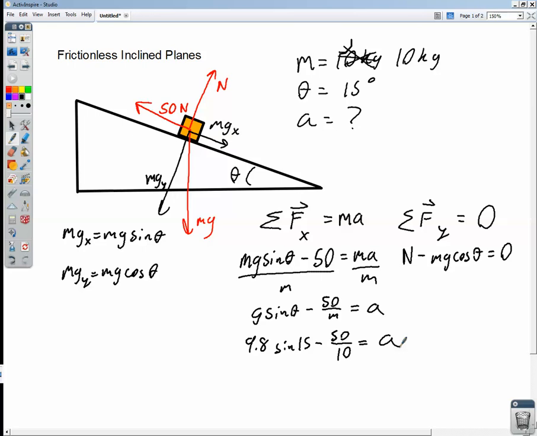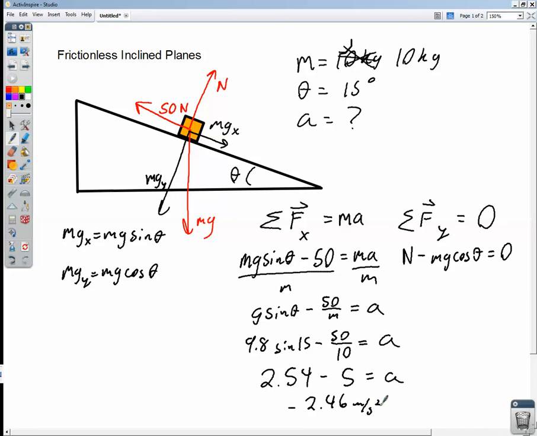Plugging this into our calculator, 9.8 sine of 15 is equal to 2.54, which is the answer from our last problem, since we're using the same numbers, minus 5 is equal to a. So 2.54 minus 5, we end up with negative 2.46 meters per second squared is equal to our box's acceleration.